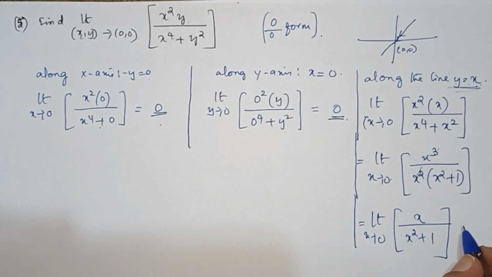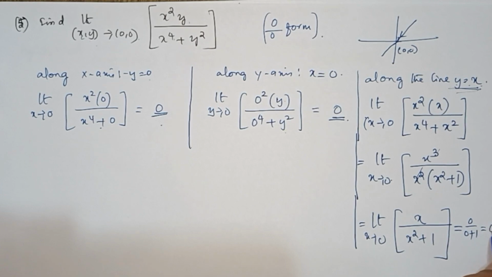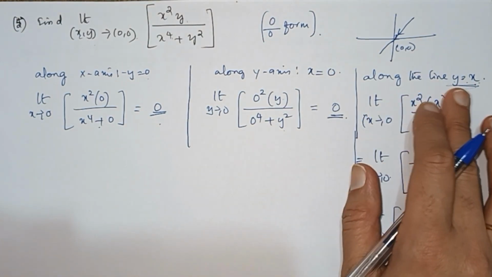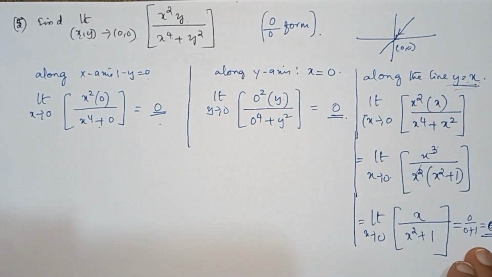Now apply the limit and you will get 0 by 0 plus 1, which is equal to 0. Therefore, along the line y equal to x, you got this value as 0. But still you can't conclude that the value of this limit is 0.